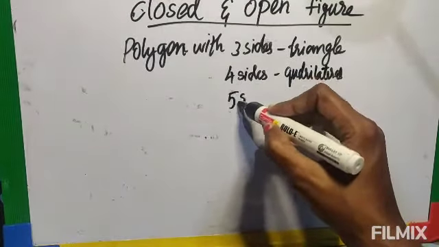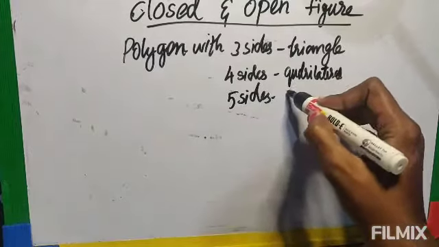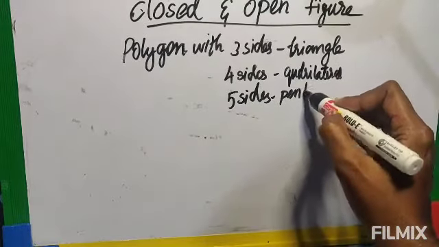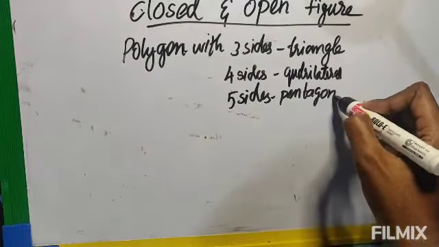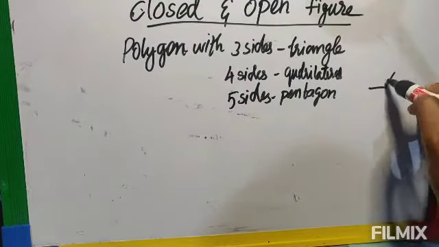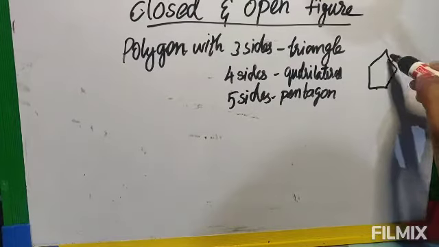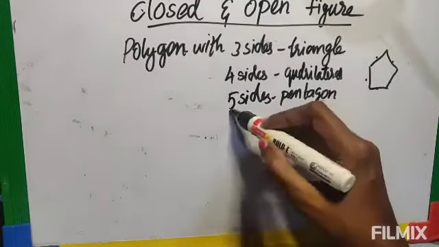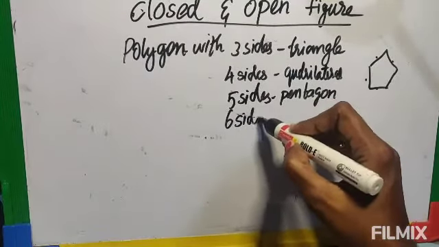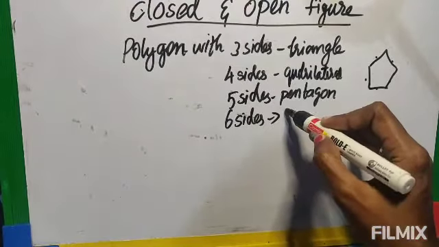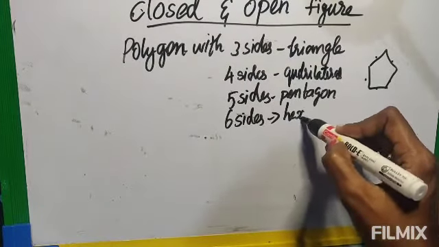The next one, a polygon with 5 sides is called pentagon. Pentagon will be like this. 5 sides, 1 2 3 4 5, pentagon. Again, a polygon with 6 sides is called hexagon.